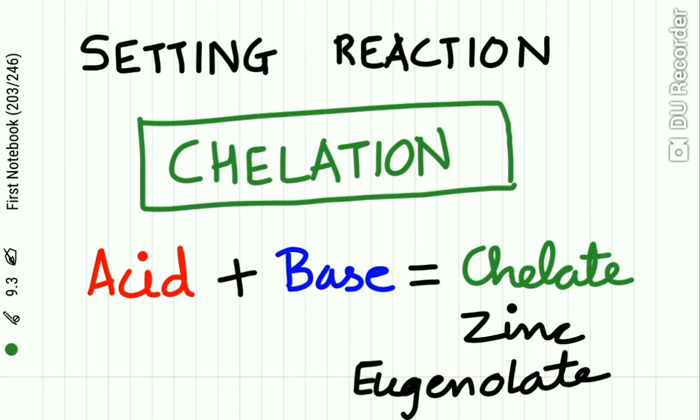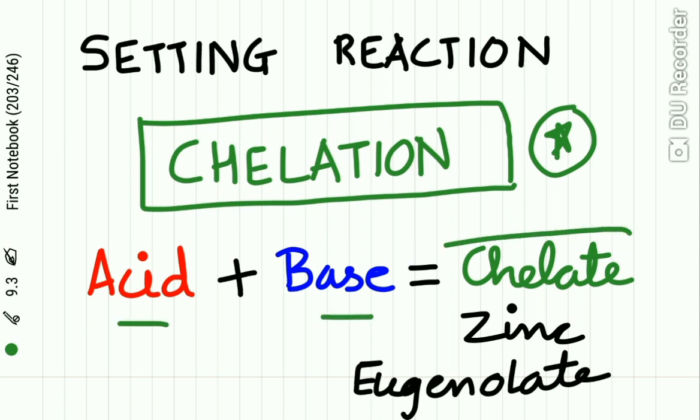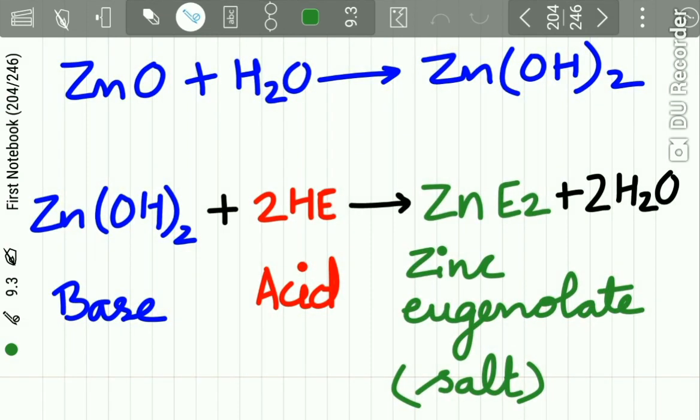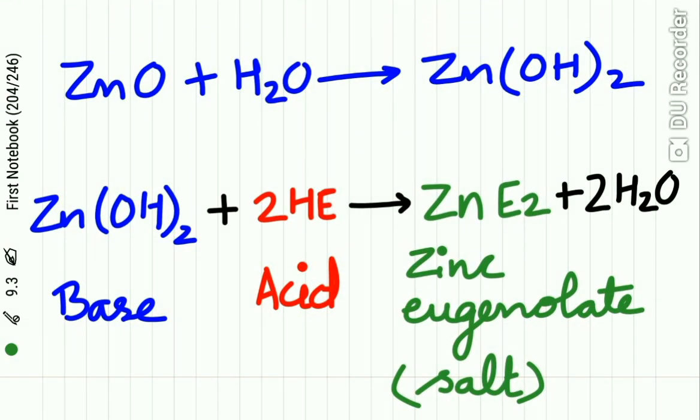Now, let us study in detail what is the setting reaction of the ZOE paste. The setting reaction of the ZOE paste is called chelation. The acid combines with base to form a chelate, and this chelate is called zinc eugenolate. Now, the reaction occurs in two steps.